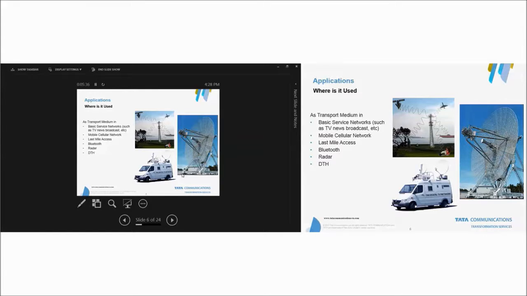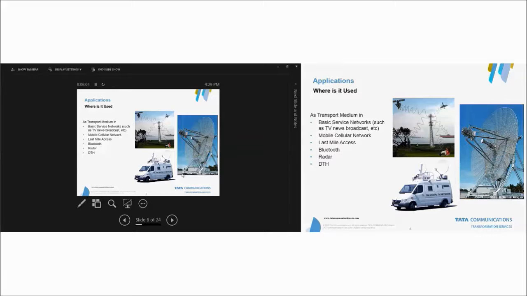And next is Bluetooth. Can anyone guess what frequency is used in Bluetooth, which we are using in our day-to-day life? It's 2.45 GHz, and it's unlicensed, and anyone can use it in their devices, and it is also a part of the microwave spectrum.